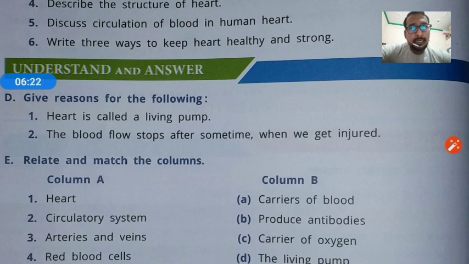Platelets help to stop the flow of blood by clotting at the injured area where the blood is coming out. So the blood flow stops after some time because of the platelets, which help in clotting.